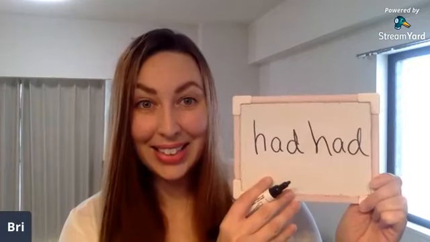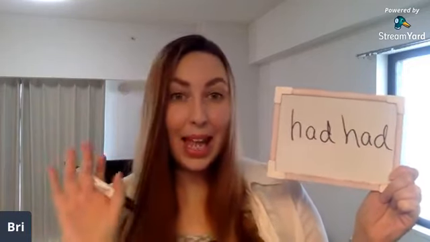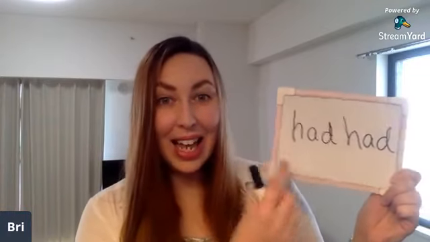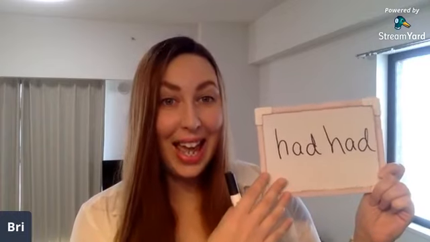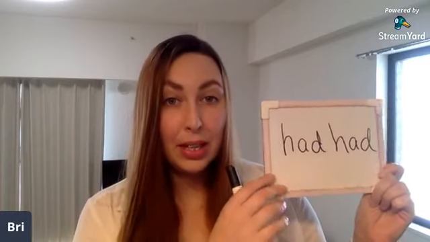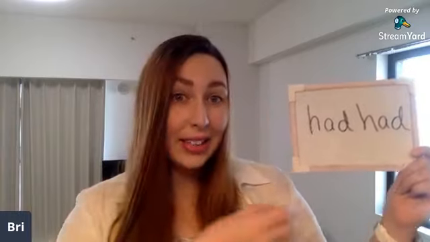Okay, so had. Let's look at this. Have you guys heard had before? So had is the past tense of have, right? And then had is the past participle. So we use this when we're talking about something that happened in the past before something else. So we could say, I had breakfast and then left for the gym.